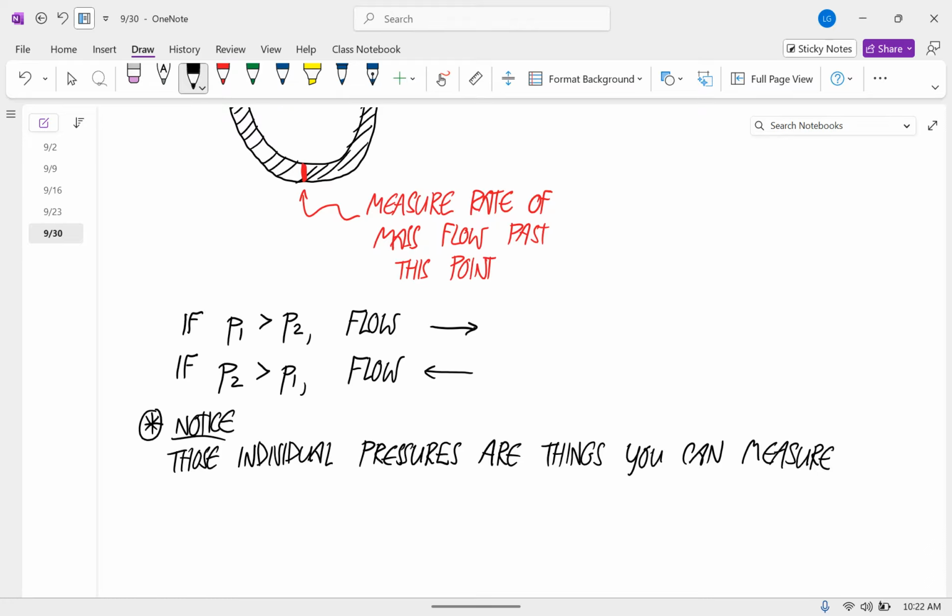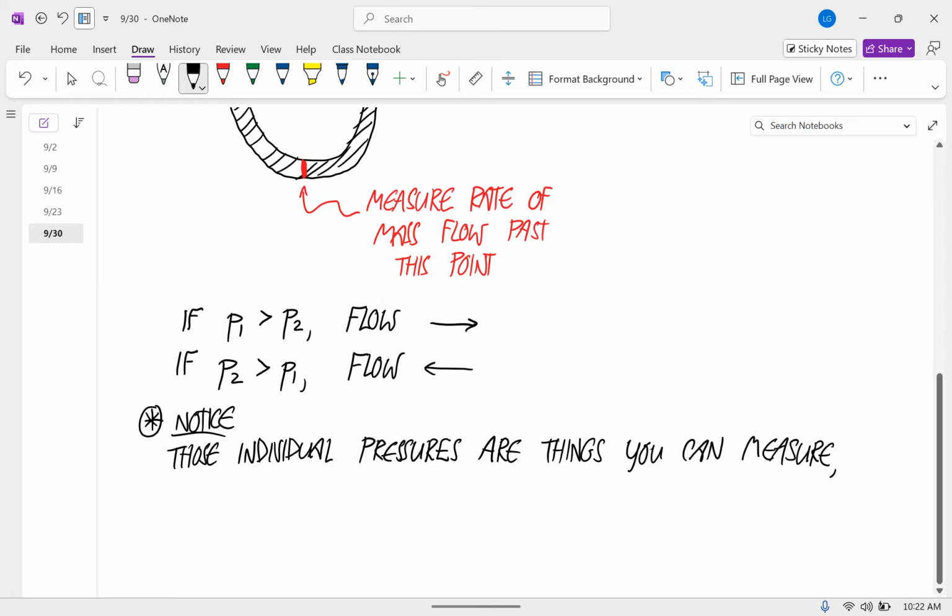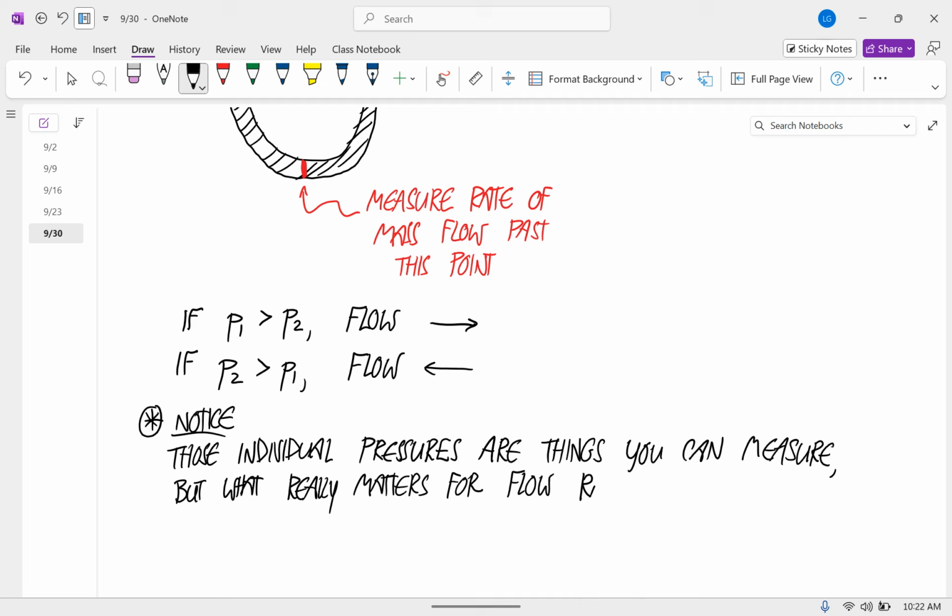Okay, so what really matters for the fluid flow, for the flow rate, is the difference between those pressures.